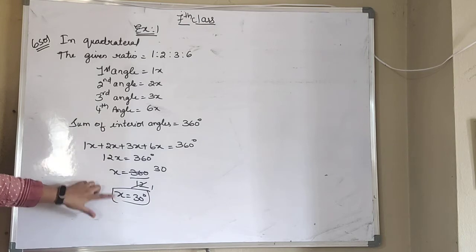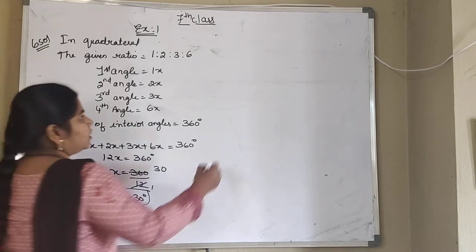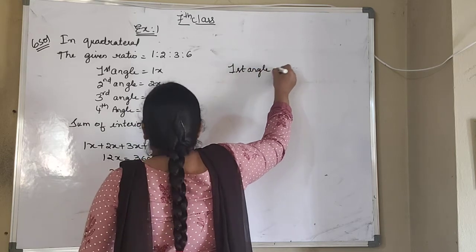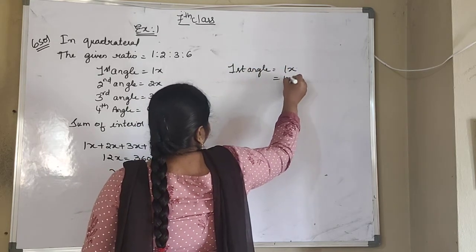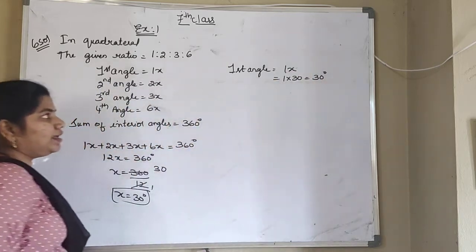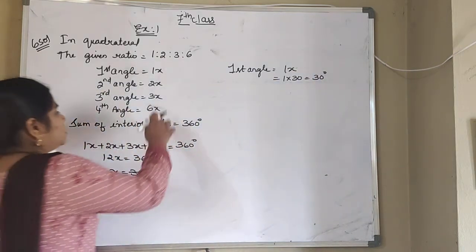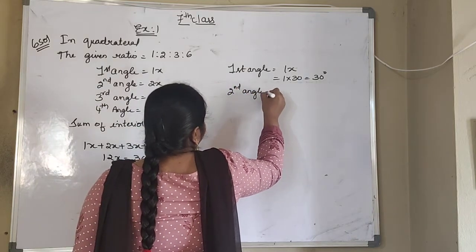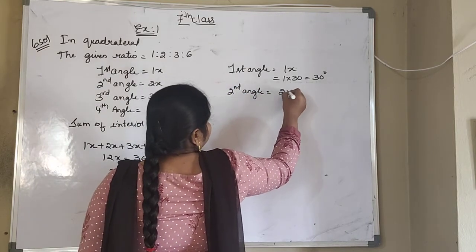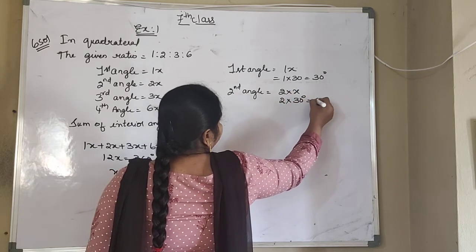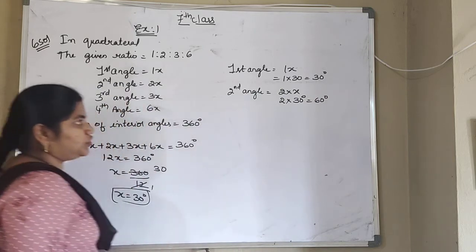Now substitute this x value. What is the first angle? The first angle is 1x, which is 1 into 30, equal to 30 degrees. Next, the second angle is 2x. 2 is a constant value, x is 30, so that is 60 degrees.